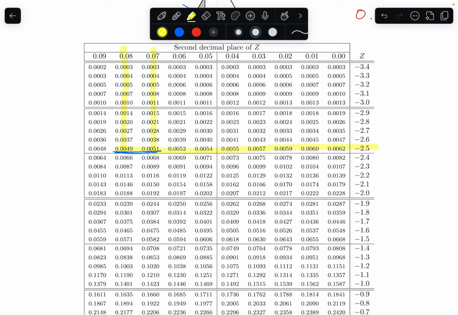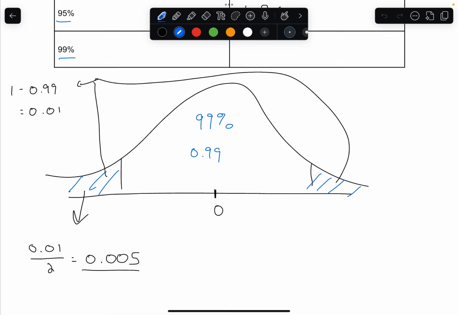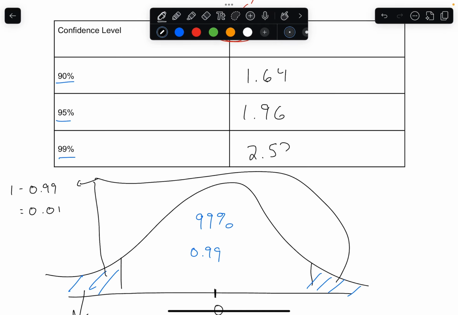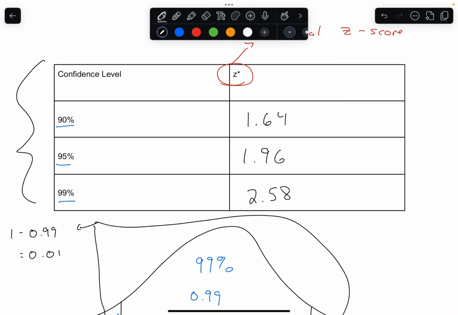It turns out that 2.58 is a little bit closer if we were to zoom in a little bit more using some other methods, but we'll just say 2.58 is our critical z-score. So the critical z-score for a 99% confidence interval is 2.58.